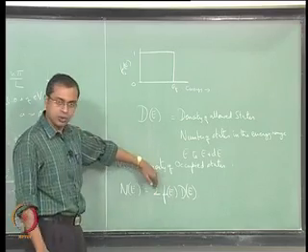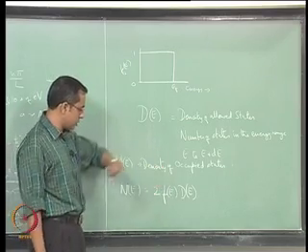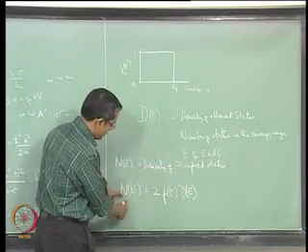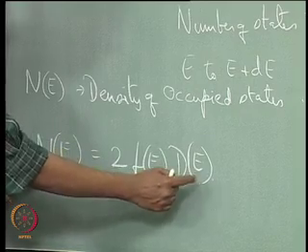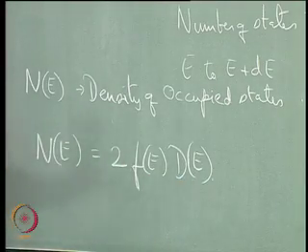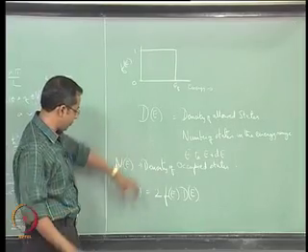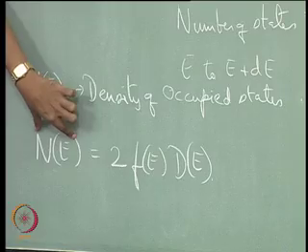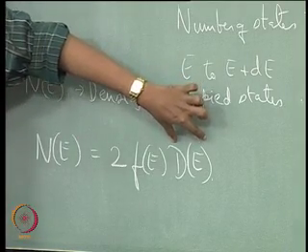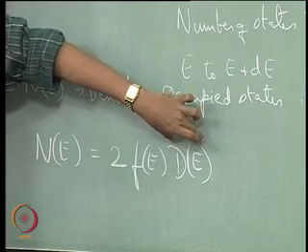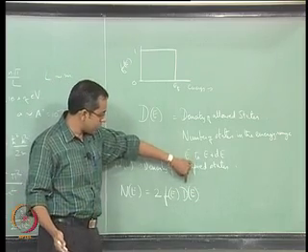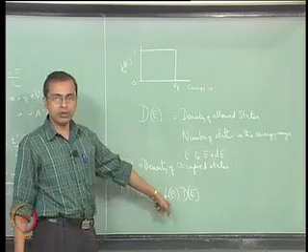But even if you do not bother much about this 2, the density of occupied states is simply the product of the density of allowed states times the probability that those states are occupied, that is all, right. That is quite straightforward. This is the density of occupied states, this is the density of allowed states. The fact that these are allowed does not mean they are necessarily occupied, they may be occupied, they may not be occupied. Whether or not they are occupied is decided based on the probability of occupancy.